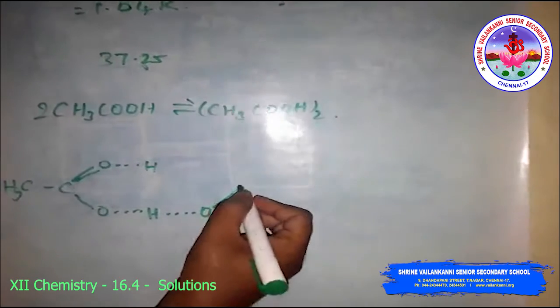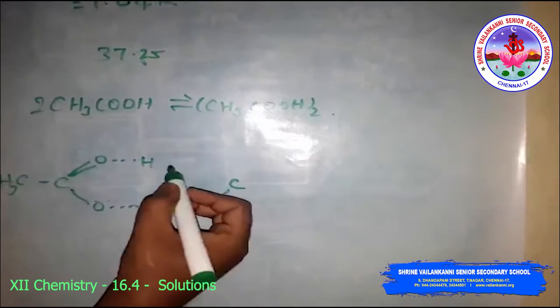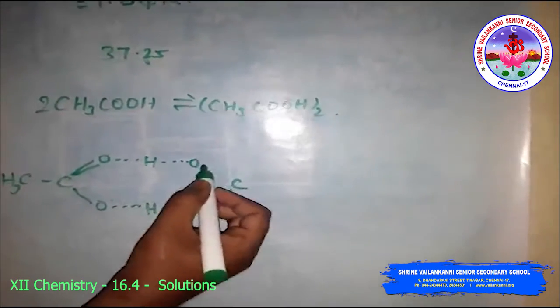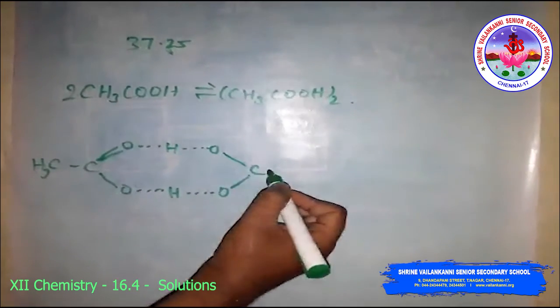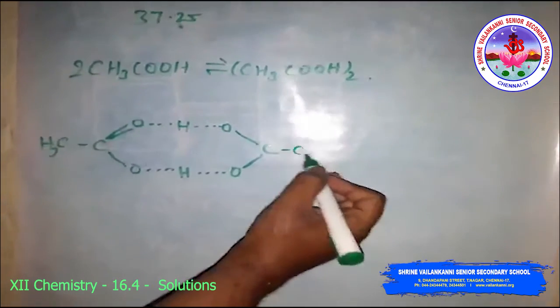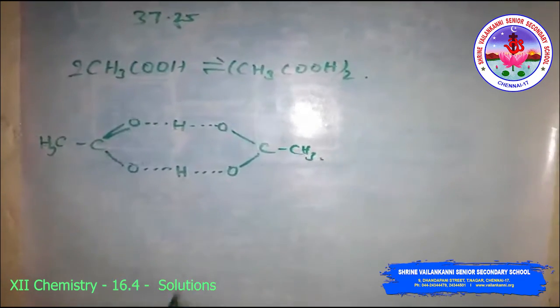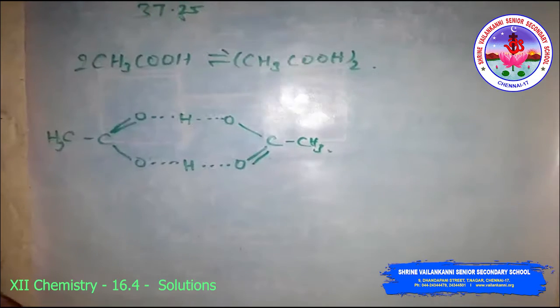So this is the hydrogen bonding between the two acetic acid molecules.